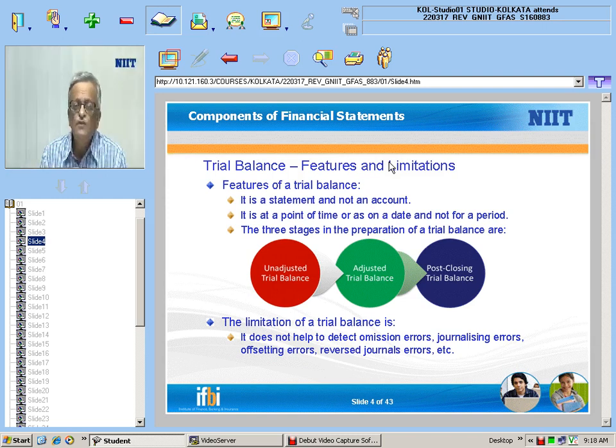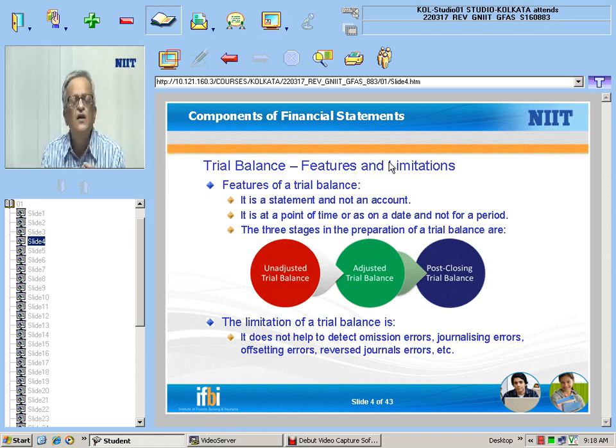If you take a trial balance, you will see that both the sides are adjusting. Credit side will adjust with the debit side. Asset side will adjust with the liability side. But if there are errors, then such errors cannot be detected by means of this trial balance. So that is one major drawback of the trial balance.